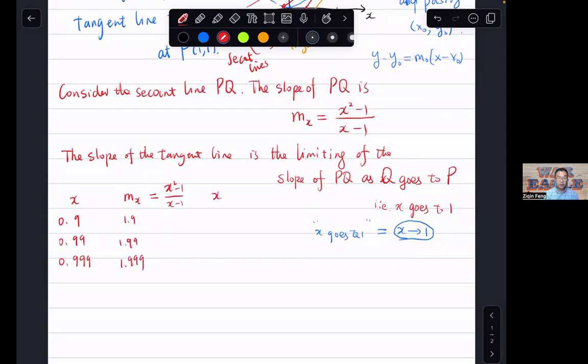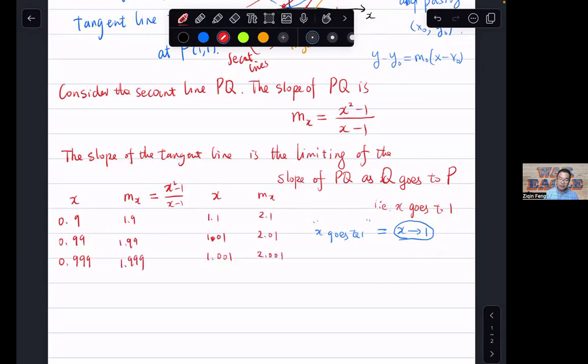If you have x on the right side, because as x gets closer and closer to 1, as I mentioned, there are two directions, the left side of 1 and the right side of 1, you can choose 1.1, 1.01, 1.001. The value of mx will be 2.1, 2.01, and 2.001, right?